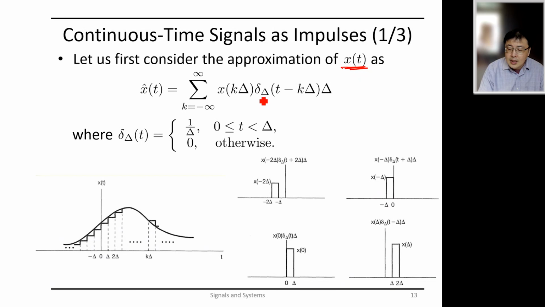Now, delta sub capital delta of t minus k delta, right? If you recall, delta sub capital delta is the very short pulse that we used to approximate a delta function before.